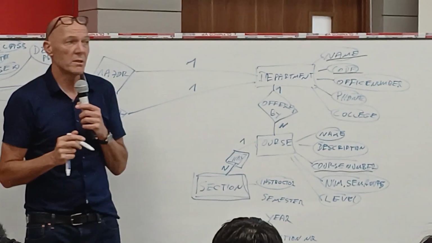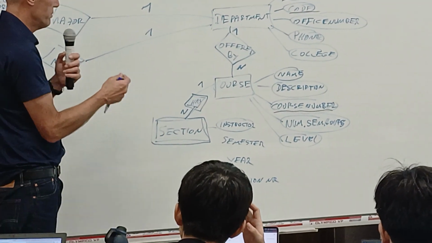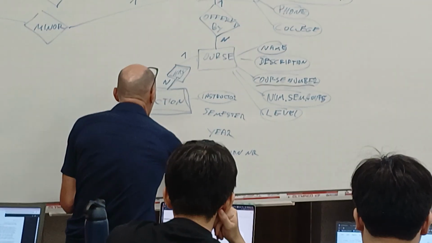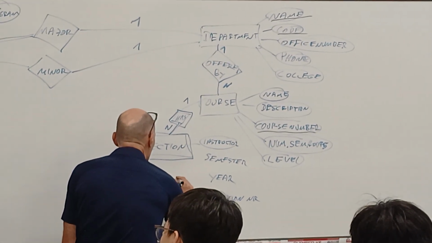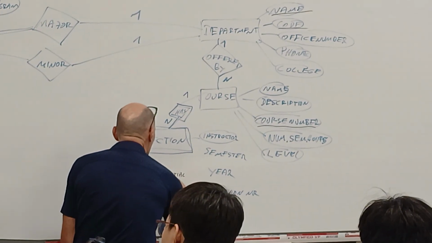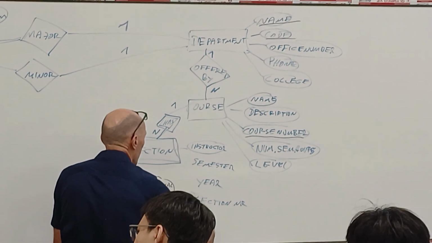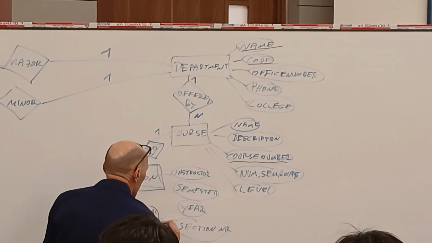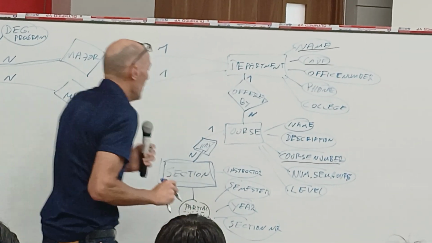So how can we express this? We need to find a workaround because we cannot model it directly. So what we do is, we do it like this.